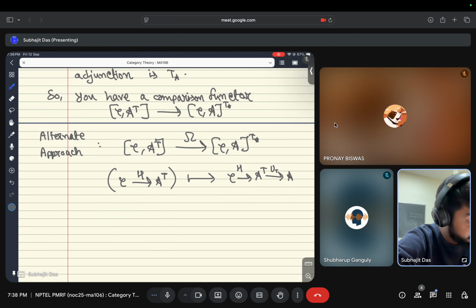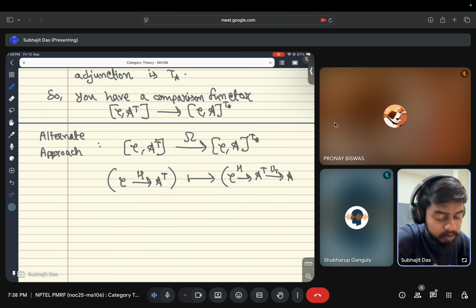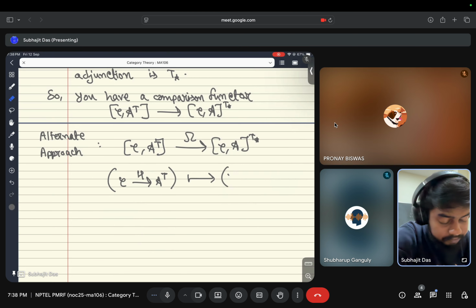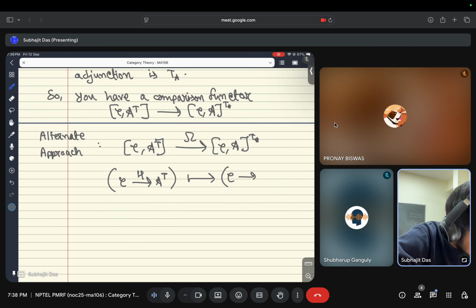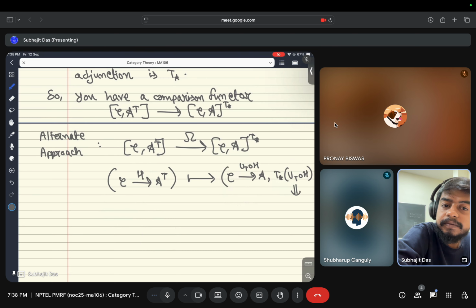UT, the forgetful functor, right? So let's write UT composed H, from C to A, and you should have a natural transformation from T star of UT composed H to what? This is the Eilenberg-Moore category.